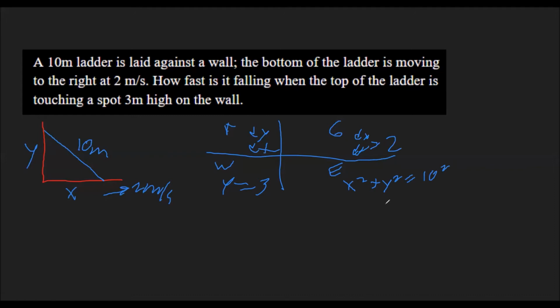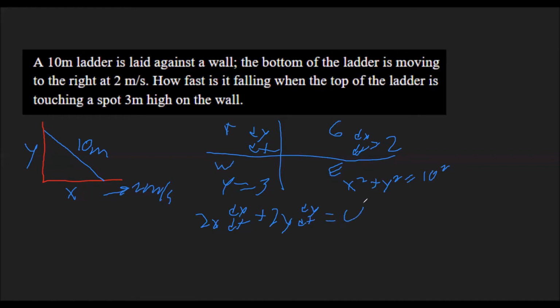Since you're not deriving with respect to x, but rather with respect to time, you're going to end up with dx/dt. This is essentially the chain rule, except we must add this whenever we derive a variable. And naturally, the derivative of y squared is 2y dy/dt.